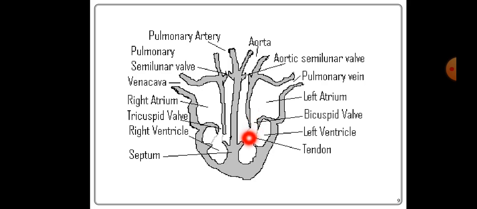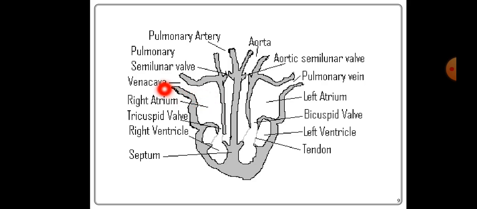Then here, this is the left ventricle, which is more muscular. Then it's pumped out of the heart through the aorta, which later branches off into other arteries. So this is the aortic semilunar valve, which is here. Then the muscle here is the septum, the one that separates the heart into two sides, left and right side.